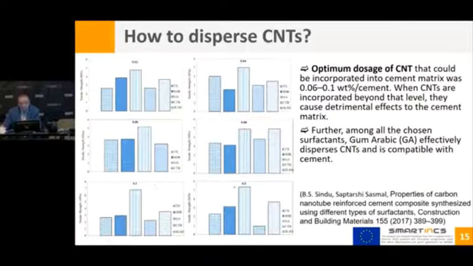Then if the content of the nanotubes was increased, the tensile strength was a little bit lower because it was close to 5 megapascal. So these results were achieved considering the different superplasticizers that were used, and in particular with this one, which was just Arabic gum. The dispersion was good, and this influenced positively the mechanical properties, in this case the tensile strength, that was higher because of the good dispersion.